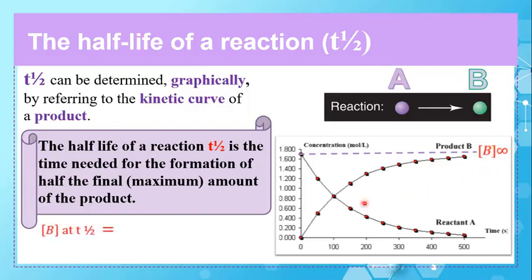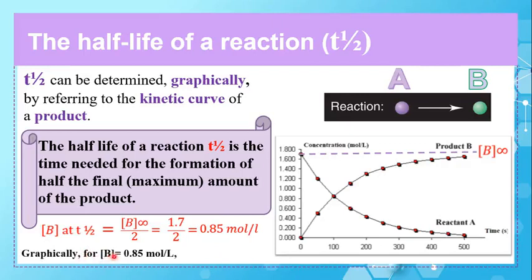So B at T half, according to the definition, will be equal to B at infinity over 2. It's equal to 1.7 over 2 equal to 0.85 mol per liter. Graphically, for B equals 0.85 mol per liter, T is equal 100, and so T half is equal to 100 seconds, less than 250, which is T of the reaction over 2.